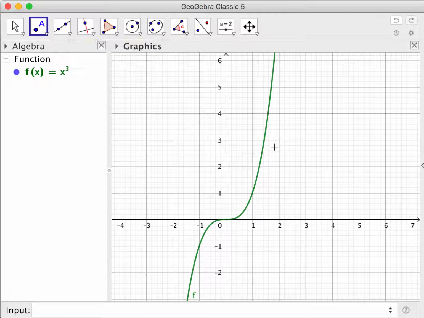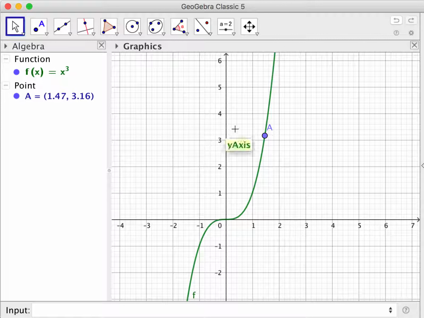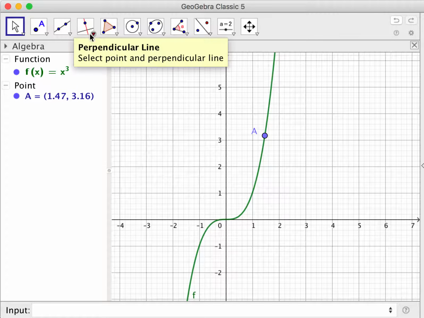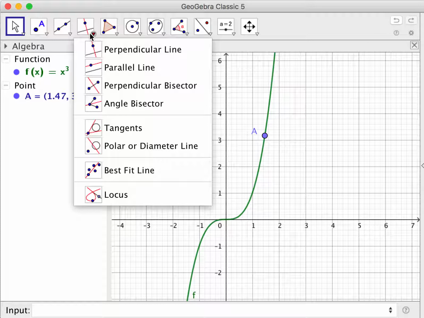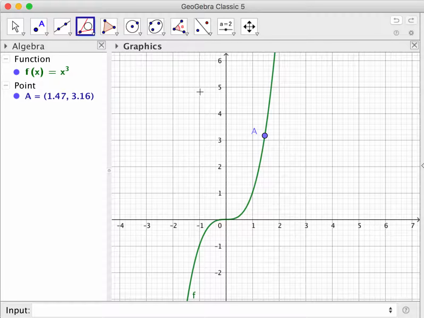So for example, meron tayong point somewhere here, and we want to find the slope of the function at this particular point. It's the same as getting the slope of the tangent. So pag sinabi mong slope of f at a, so, pwede tayo maglagay ng tangent line dyan, tapos kunin natin yung slope ng tangent. Kasi the slope of the tangent line is actually equal to the slope of the function at that point. So, tangent, lagay natin to dito.